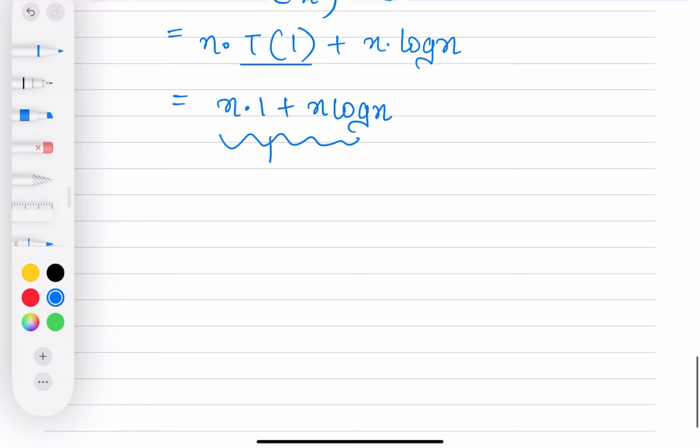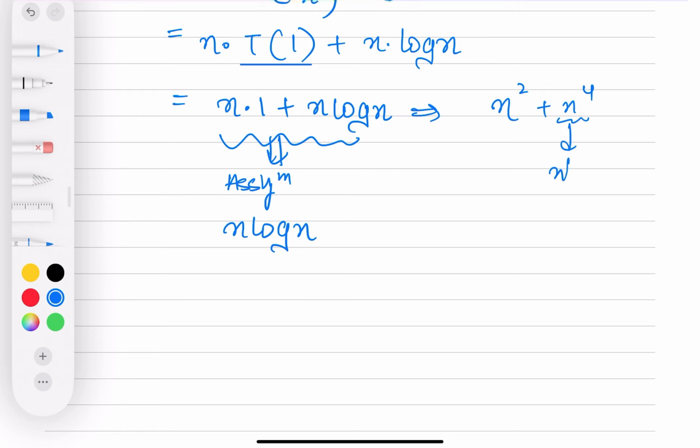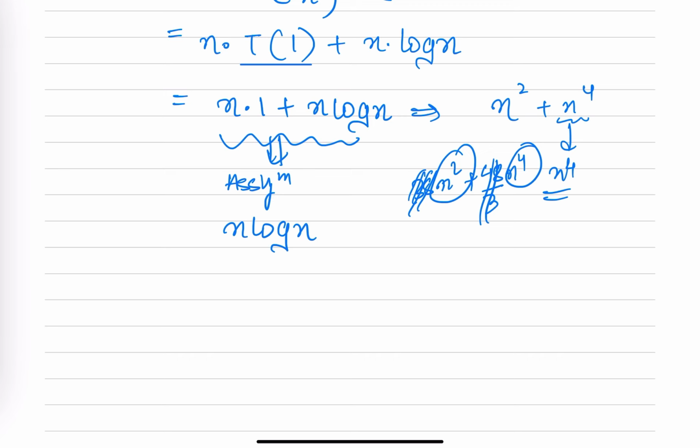Now asymptotically, what is dominant? N log n is bigger. So if you don't know what I have done, for example, if you have n square plus n power 4, to get the time complexity, we take the dominant function. The dominant function is n power 4. So if you have 38 n square plus 78 by 3 n power 4, I don't consider the constant values, I just consider the functions, and out of the functions I take the dominant.